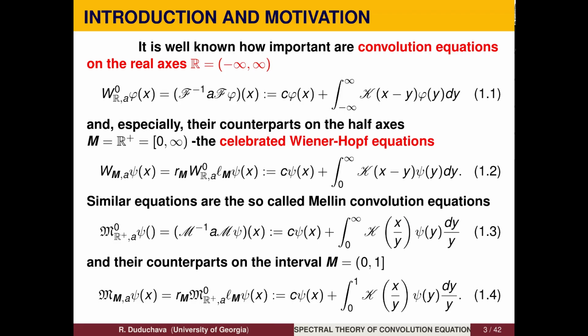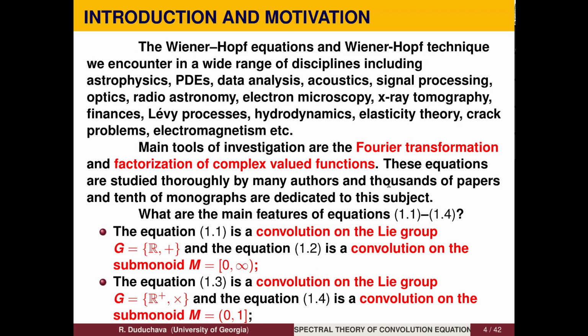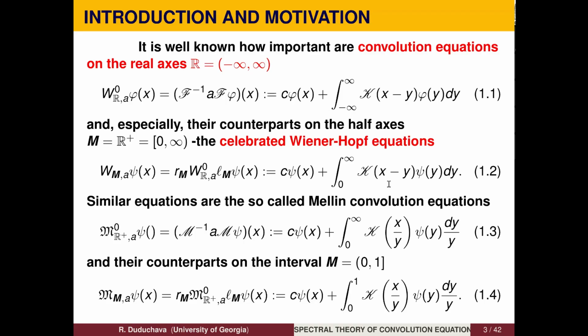On the half-axis, the integration is not from minus infinity, but from 0 to infinity, and the kernel again depends on the difference of arguments. There is also an analog of these equations, the Mellin convolution equations, where the kernel depends not on the difference, but on the ratio of arguments, k(x/y), and here the measure is dy divided by y.